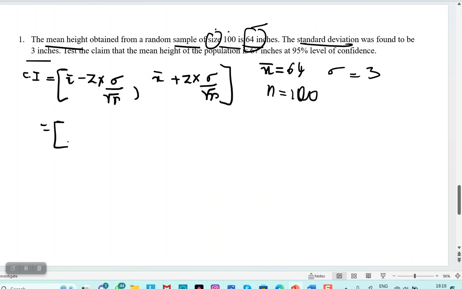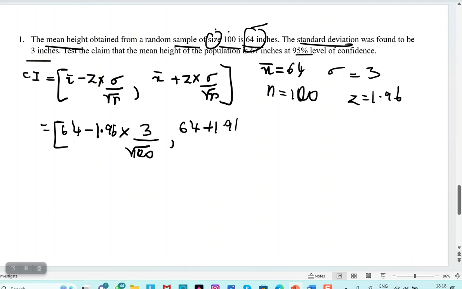Now we insert all of them. This is 64 minus Z, of course for 95%, so Z is 1.96, into sigma 3 by root 100, and 64 plus 1.96 into 3 by root 100.